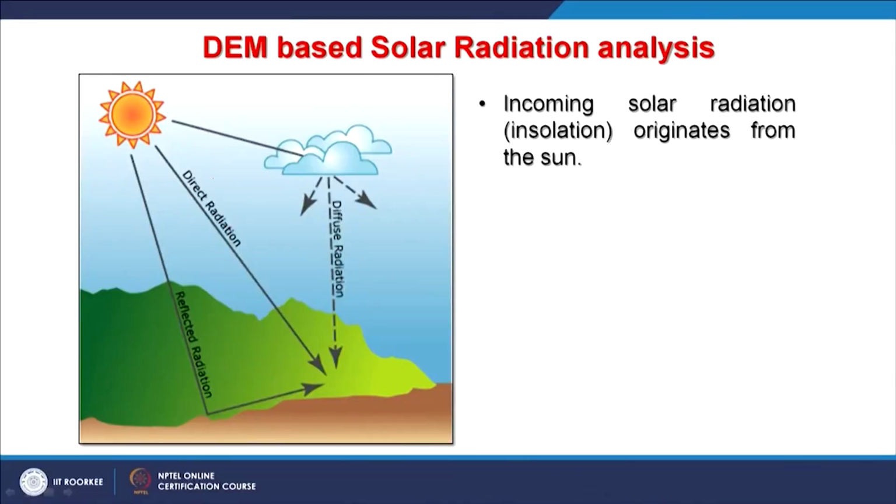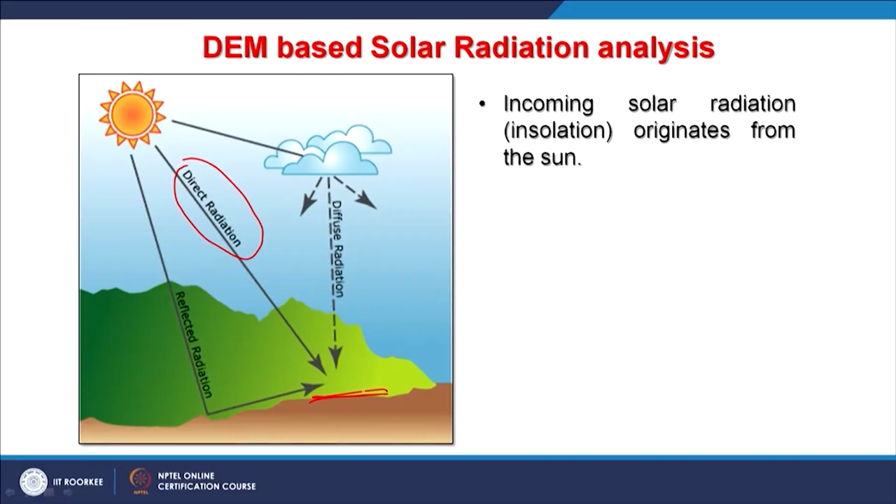So, if there is the sun and that energy is available, theoretically, if the sky is clear, then the radiation will reach the surface directly without any hindrance, but we know that it is not like that.